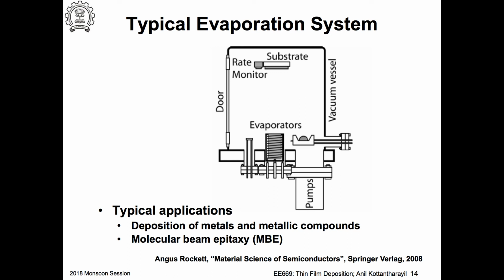Dielectrics can also be deposited, but many of the dielectrics of interest in semiconductor applications, like silicon dioxide and so on, have a very high melting point, so you don't usually use these techniques. Molecular beam epitaxy is a very common process for semiconductors.